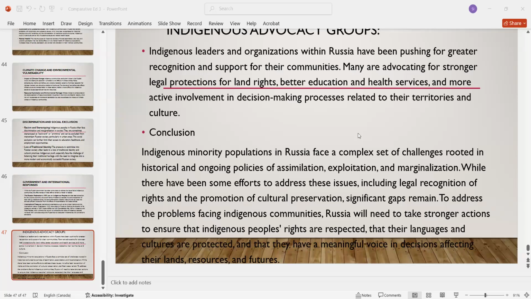And indigenous people, of course, are always minorities, and their language is different. So they are facing a lot of challenges, right? So now we have learned 3 countries, and we have to compare with Sri Lanka.